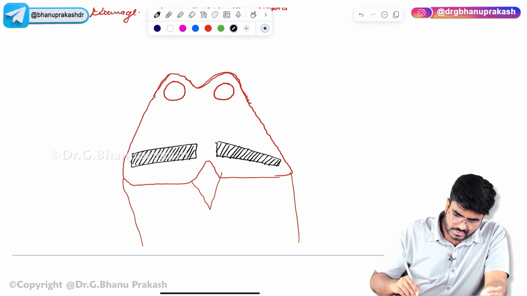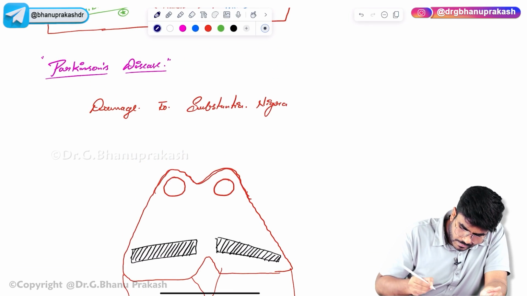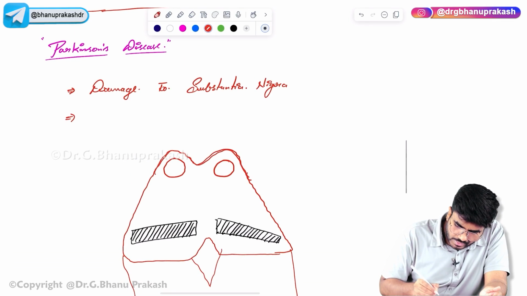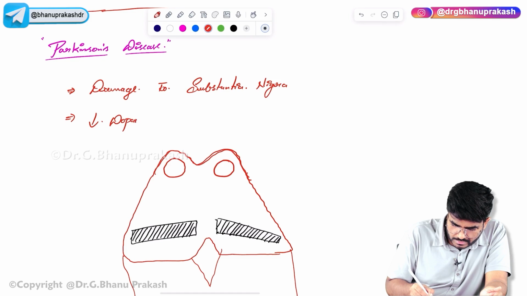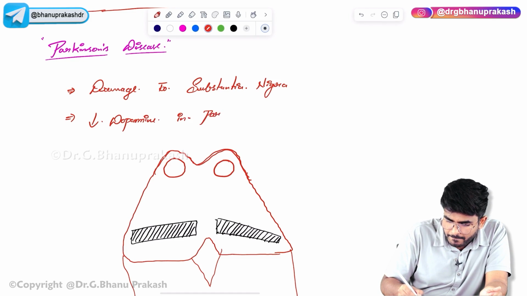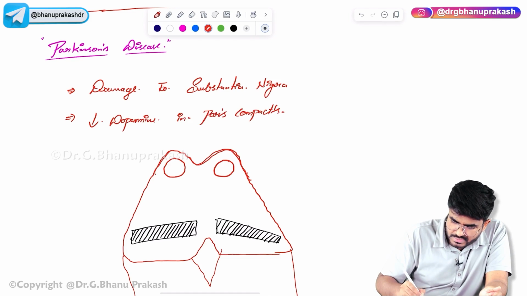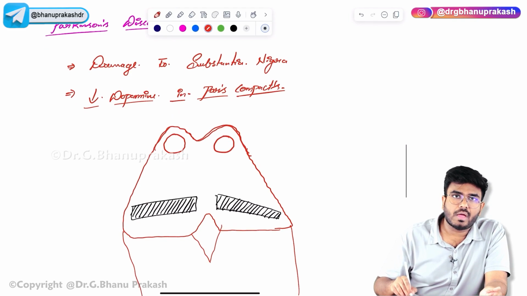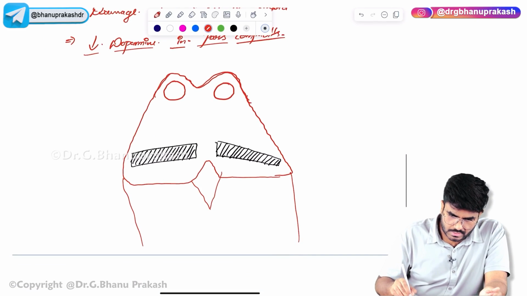Okay, so let's write the important points one by one. So it's a damage to the substantia nigra. Now what happens because of this damage? There is a decrease in the amount of dopamine in the pars compacta of the substantia nigra.